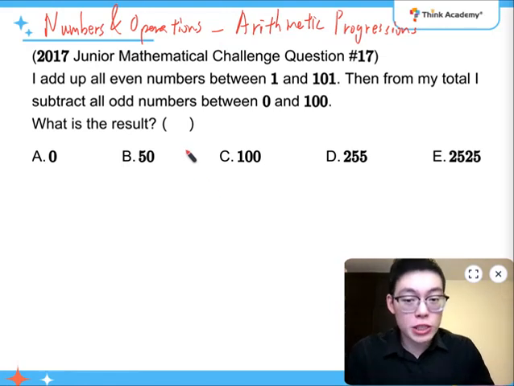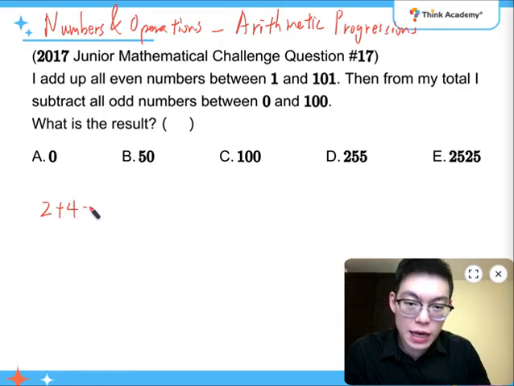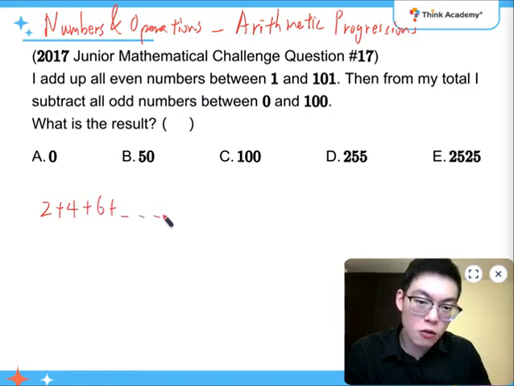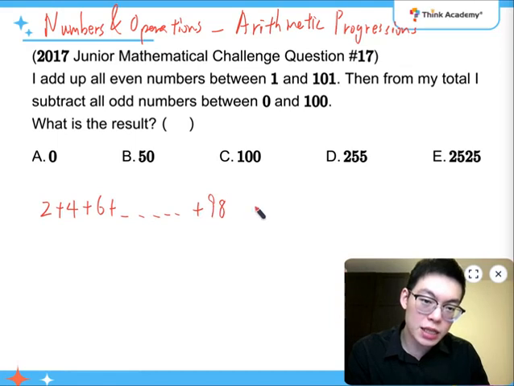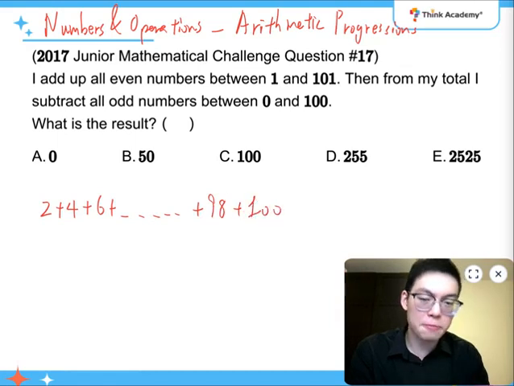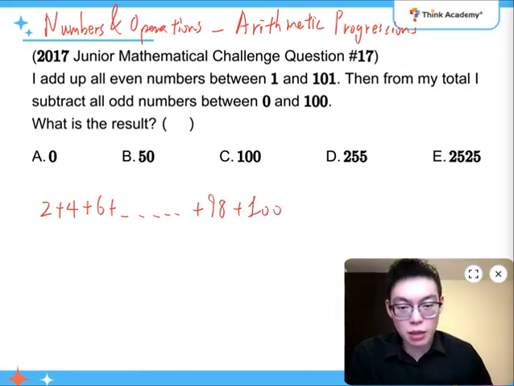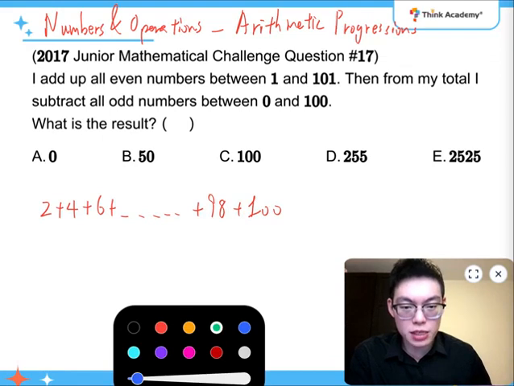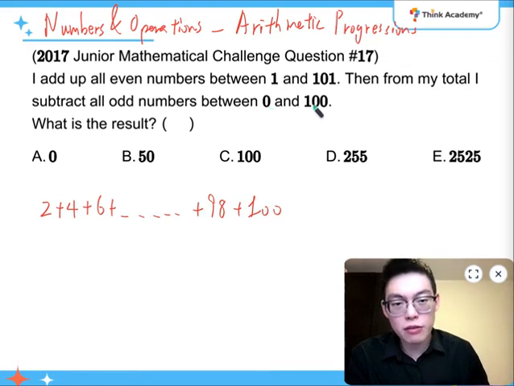First of all, the question says that I'm adding up all the even numbers between 1 and 101, which means that I have 2 adding 4, adding 6, adding 8, all the way till 98 and 100, right? And then I'm subtracting all the odd numbers between 0 and 100.